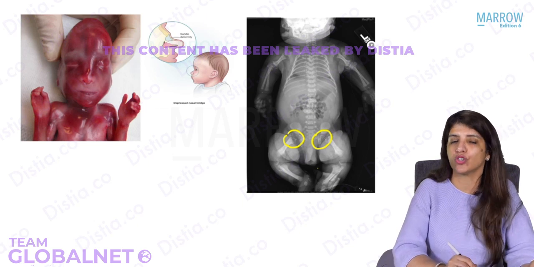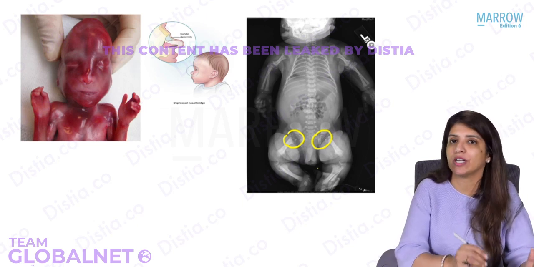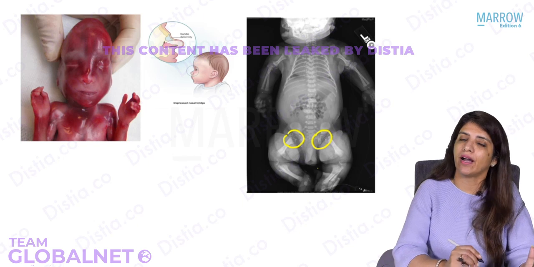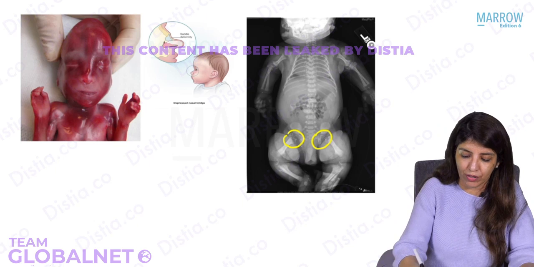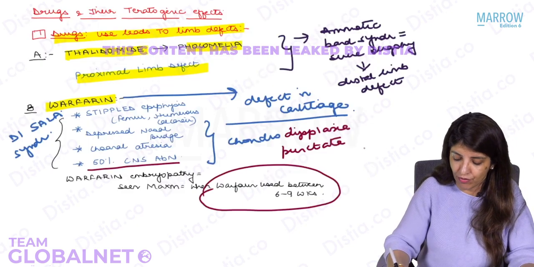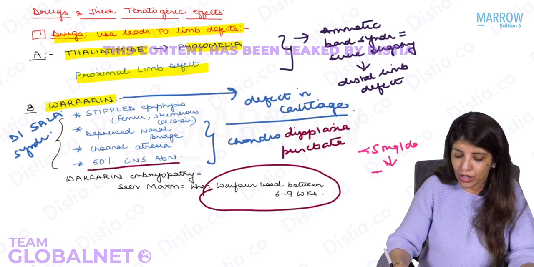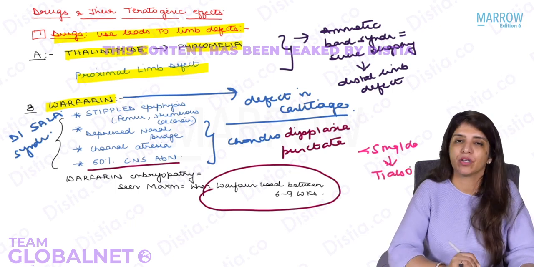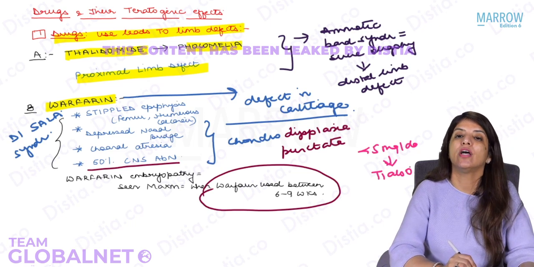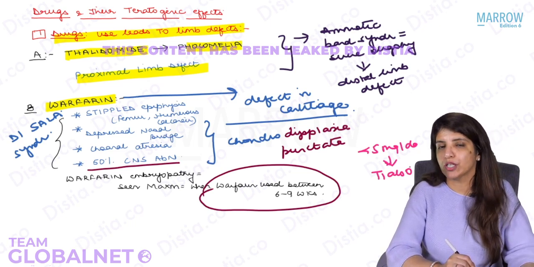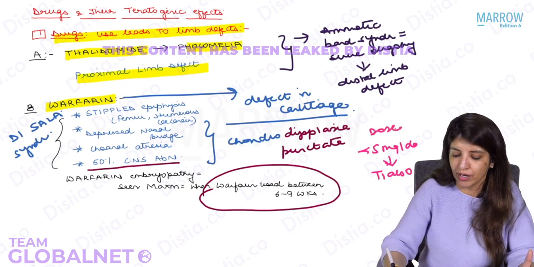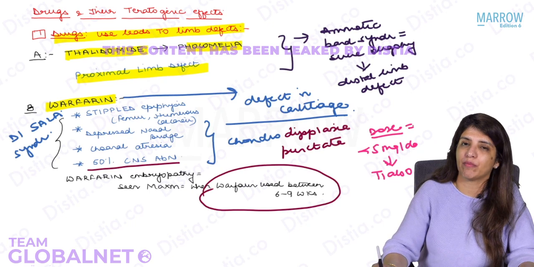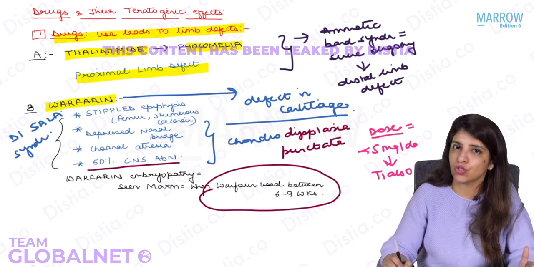Warfarin is contraindicated during pregnancy, especially in first trimester. But the latest recommendations say that if the dose of warfarin is less than 5 milligrams per day, you may use it in first trimester also.